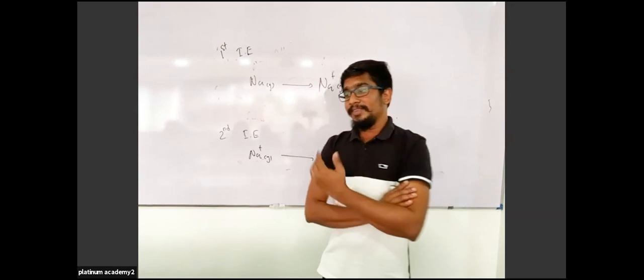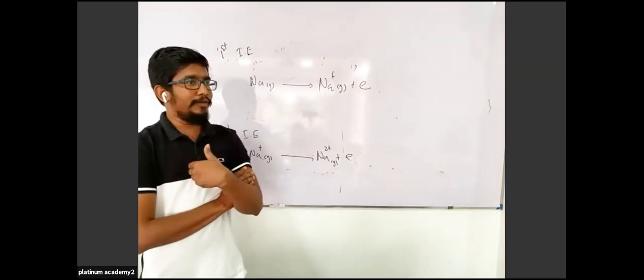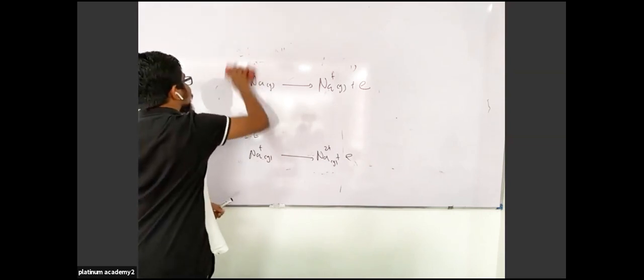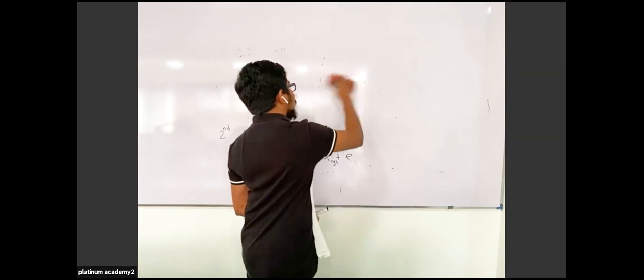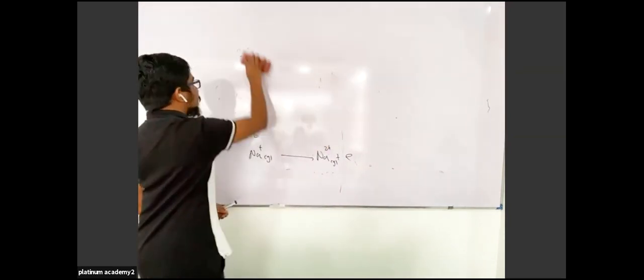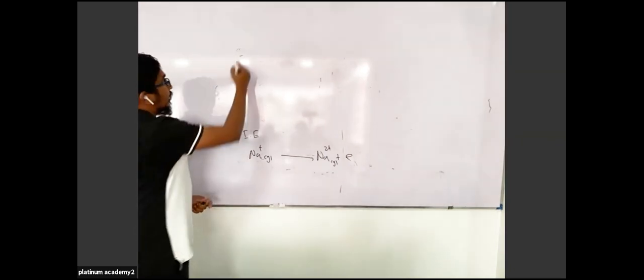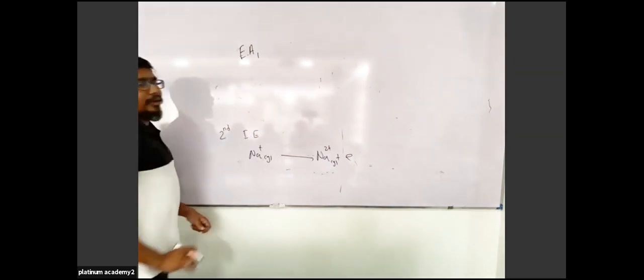Now the next one, the opposite of ionization, is known as electron affinity. It is not removing, it's gaining 1 mole of electron. So let's go to the first electron affinity.